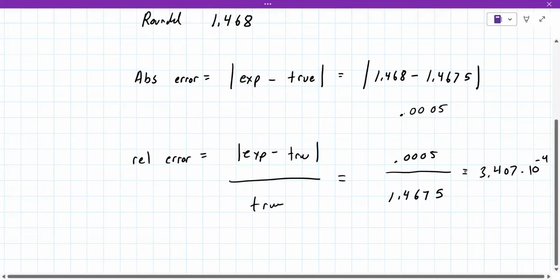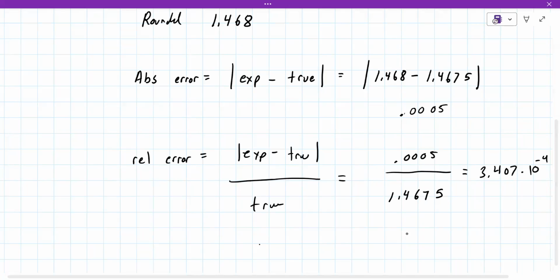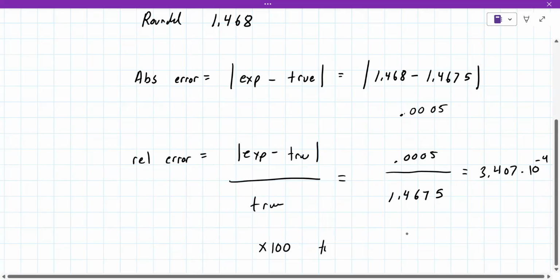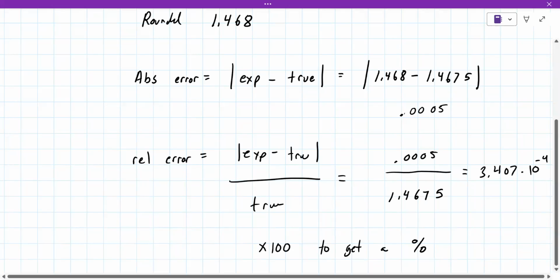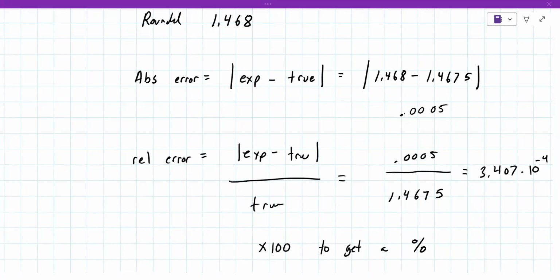If you want it as a percent, which it doesn't specify, you would multiply by 100. Is that clear? Okay.